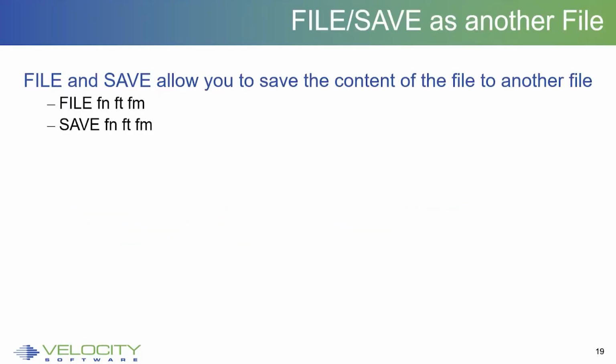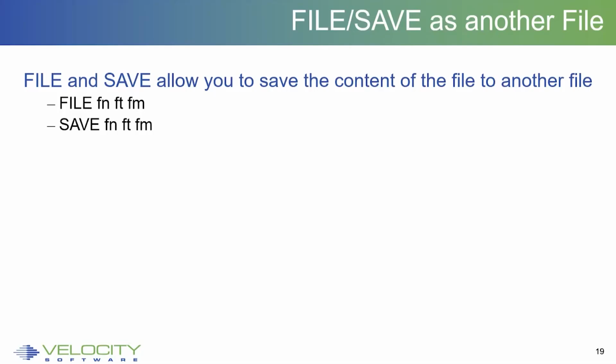Now, filing and saving the current file as something else. So you might be editing a file and you want to save it as something else. You can type file and then the other file name, file type, file mode, or conversely save the other file name, file type, file mode, and XEDIT will save the content of your current XEDIT session into that file.